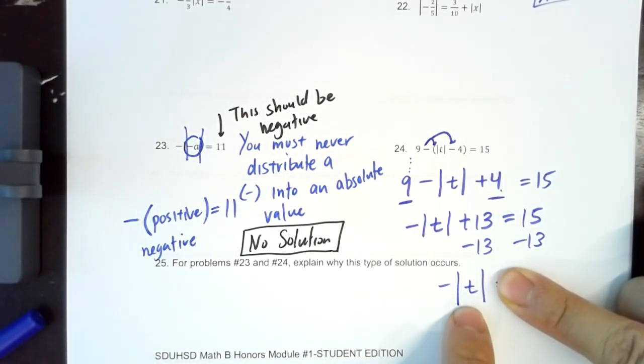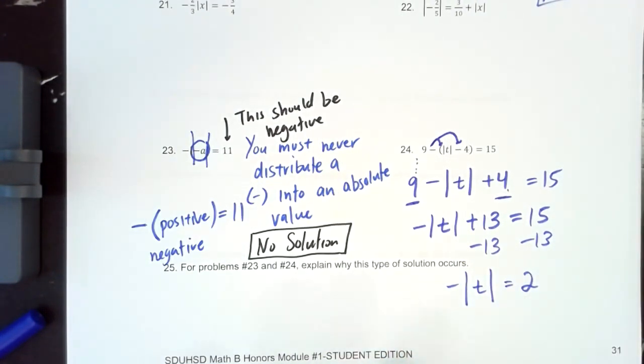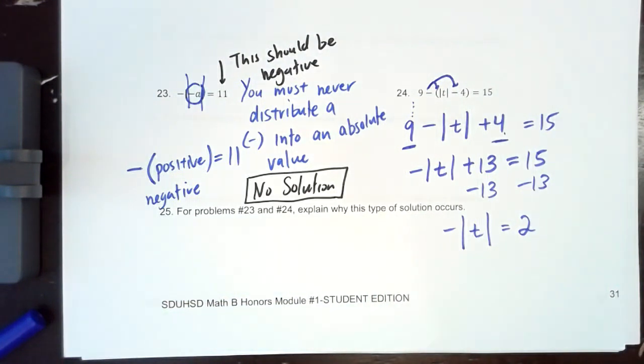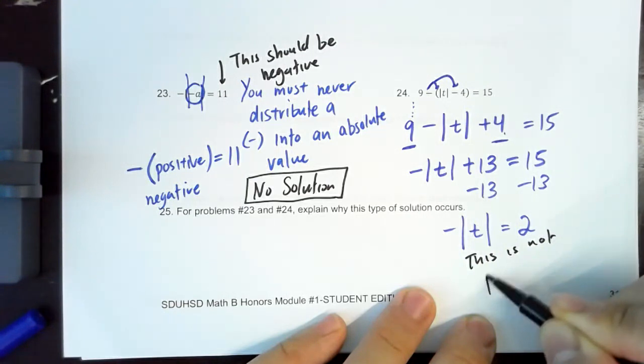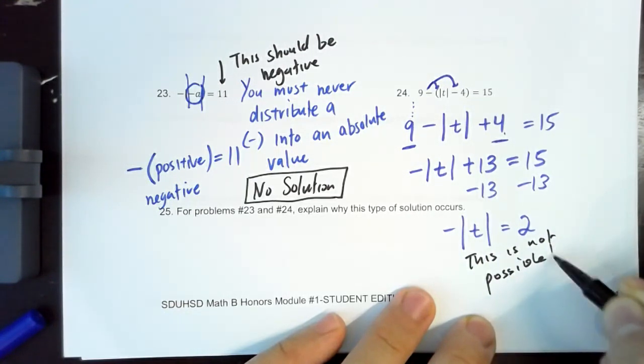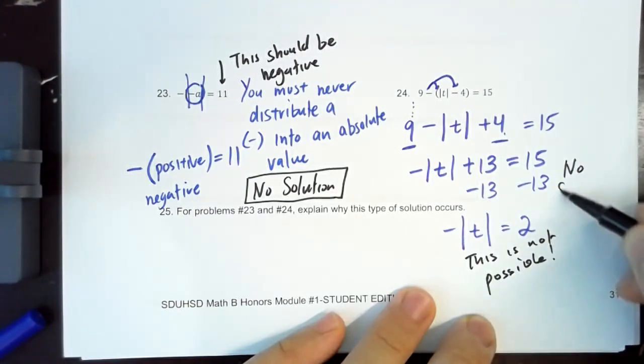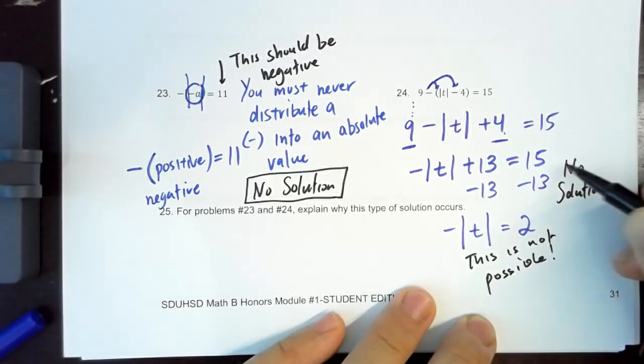The negative of a positive is always negative, but you're setting it equal to a positive. So this already should make you realize this is not possible. So this is another example of a no solution situation.